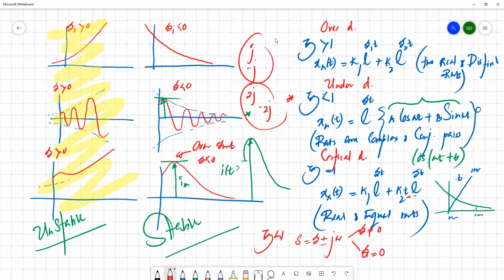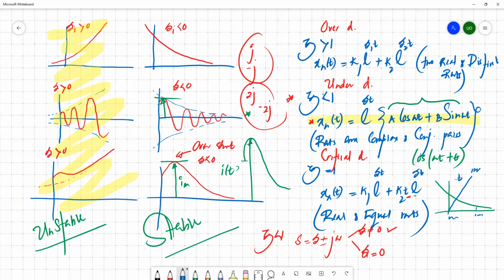These are complex conjugate pairs, but you don't have any real component in those complex numbers. For the first case, this is the response. What about the sigma equals 0 case?